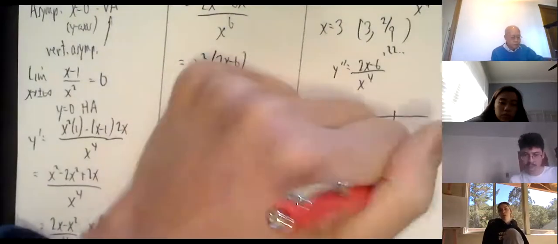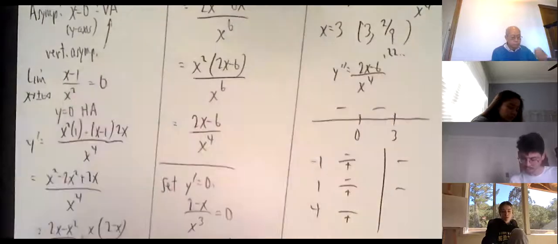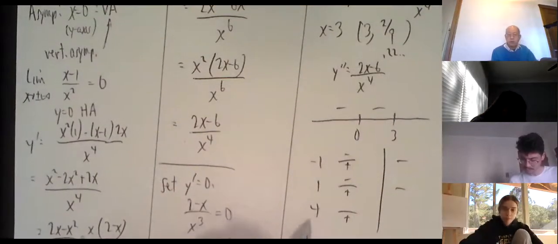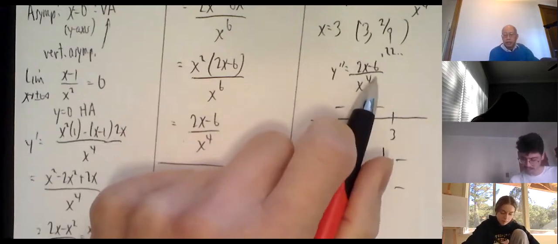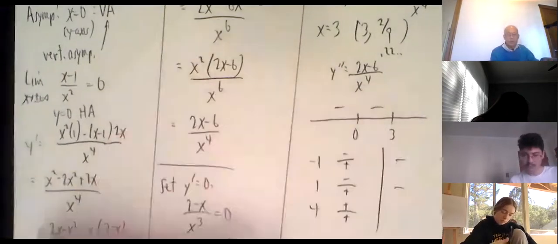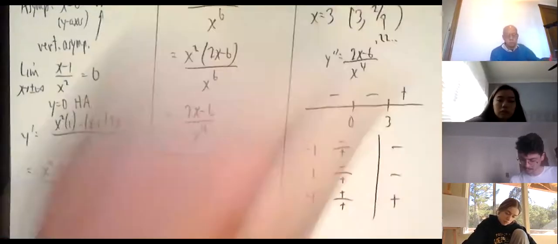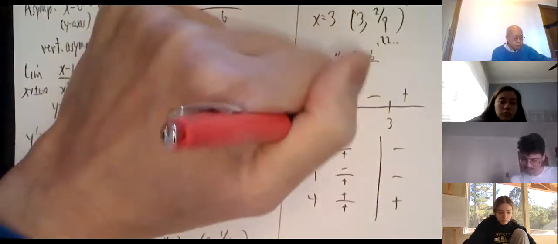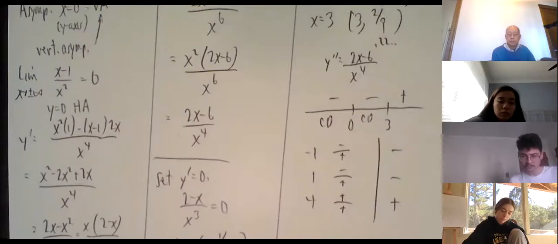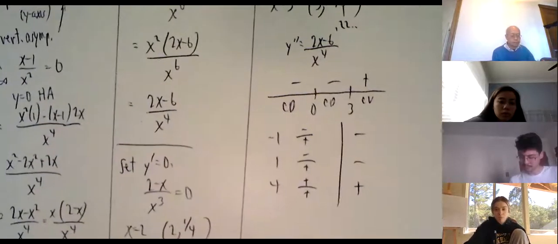Negative divided by positive, negative. 4. 2 times 4 is 8, minus 6 is 2, positive. Positive divided by positive, positive. Second derivative negative, concave down. Second derivative positive, concave up.